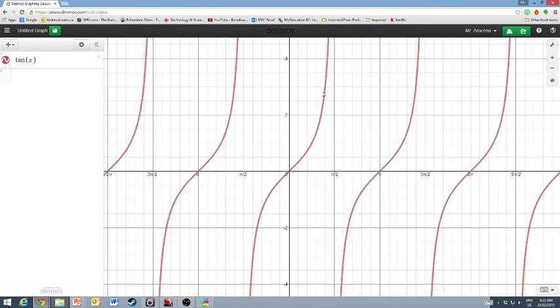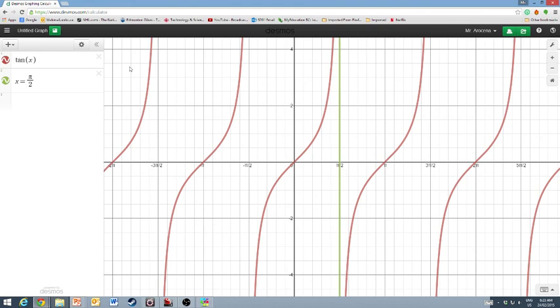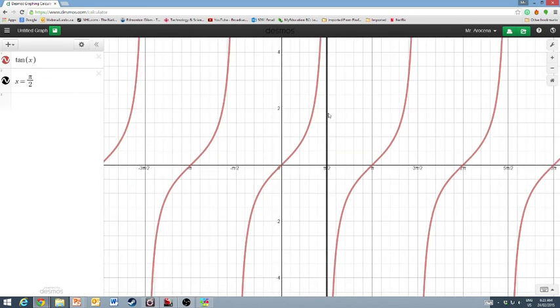So let's go, x equals pi over 2. Let's change the color. There we go. Easier to see now. Okay, so there's x equals pi over 2. As we approach it from the left side, it looks like it's going towards positive infinity. And as we approach it from the right side, it looks like it's going towards negative infinity.